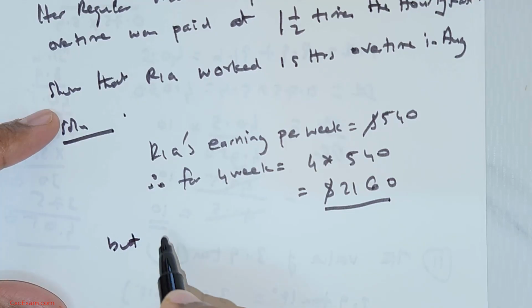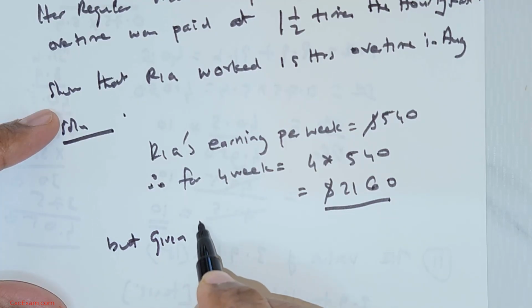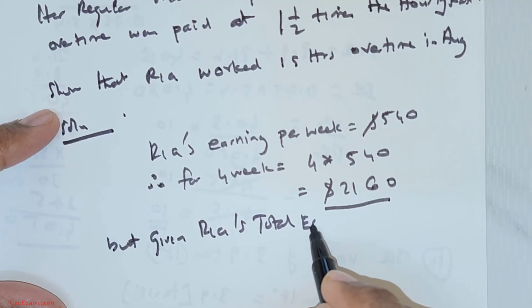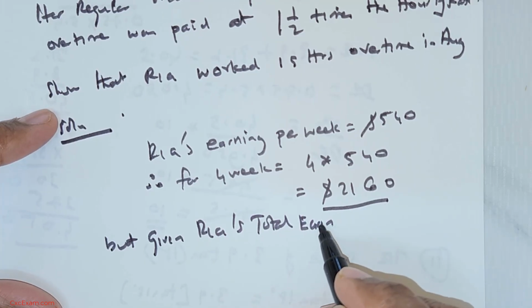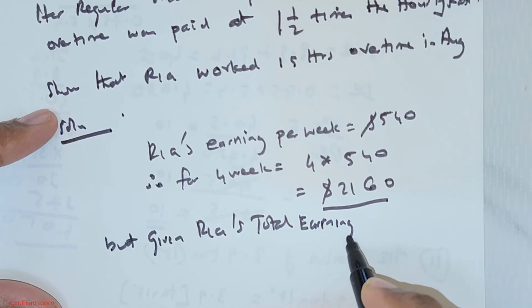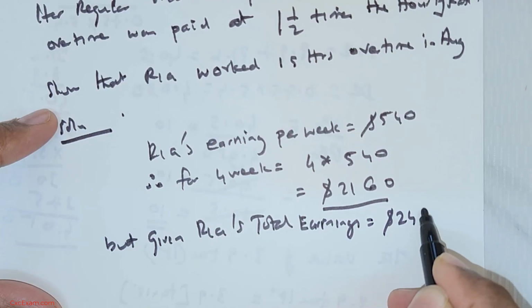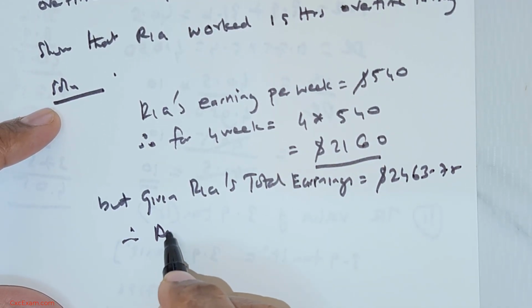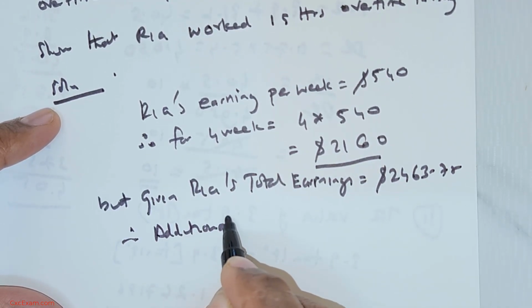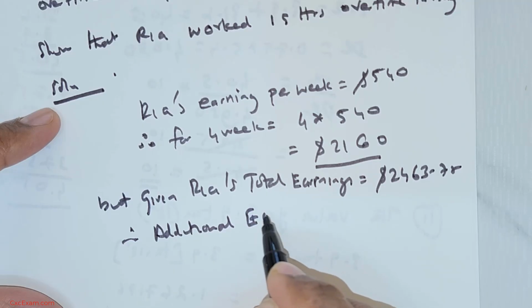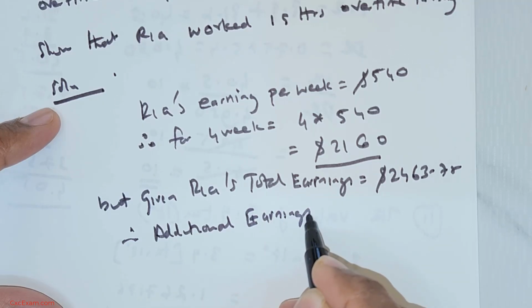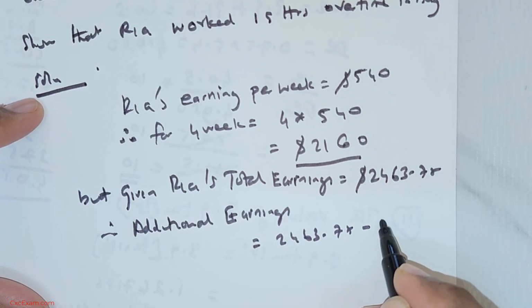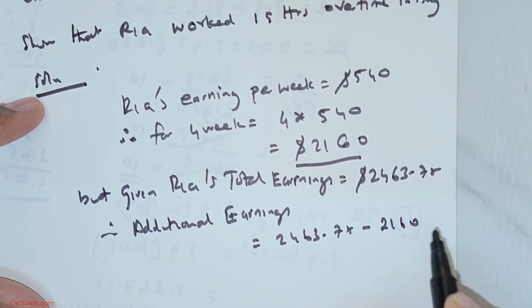But given Ria's total earning, what is the total earning given? It is $2463.75. Therefore, additional earning is equal to 2463.75 minus 2160.